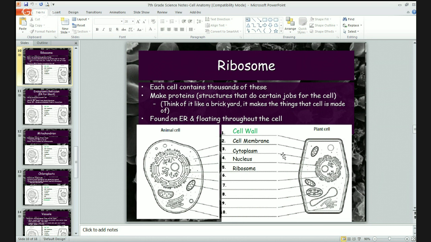If you need to make energy from your food, proteins are going to break apart your food and convert it into energy. So your proteins are like little worker bees. So ribosomes are the ones that make proteins, and then the proteins are the things that do all of the necessary jobs in your cell. Tons of these little things in there.